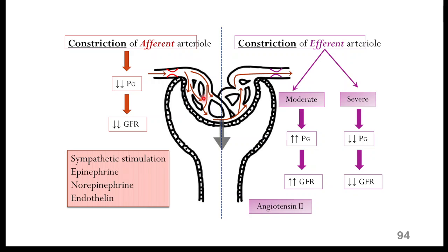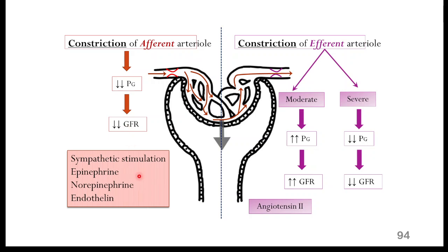All right. So you can see a schematic diagram of the glomerulus here. This is the afferent arteriole and this is the efferent arteriole. If we constrict the afferent arteriole, which is illustrated here, it will decrease the hydrostatic pressure within the glomerular capillaries, which will thus decrease the glomerular filtration rate.